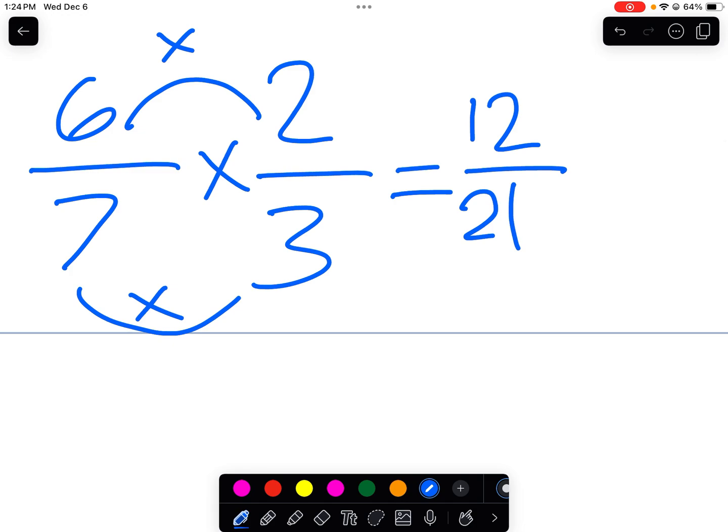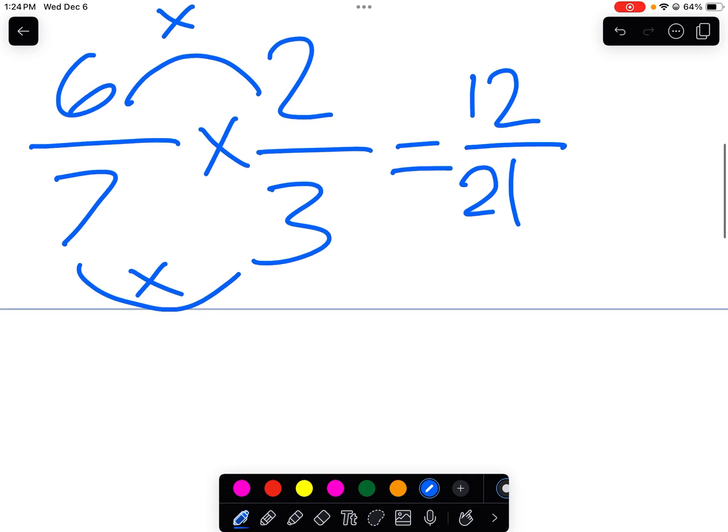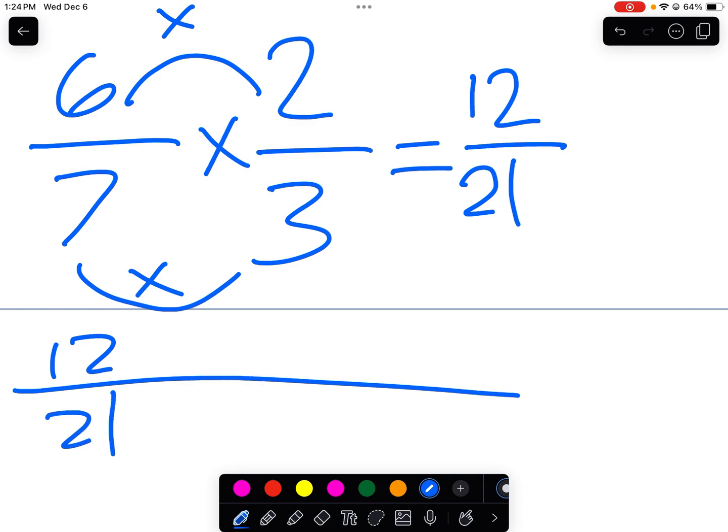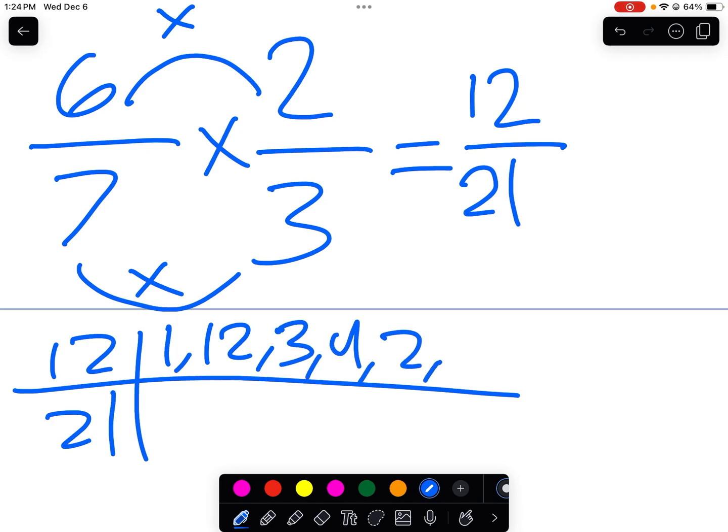I think this is already reduced. Let me just check by doing a quick factor check. This is how I do my factor checks. 1, 12, 3, 4, 2, 6. Here we've got 1, 21, and 3, and 7.